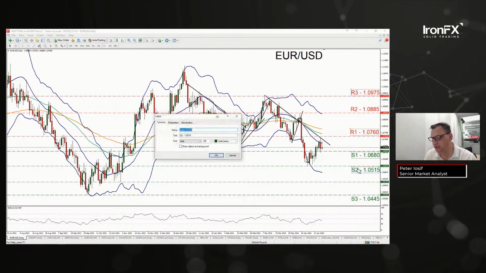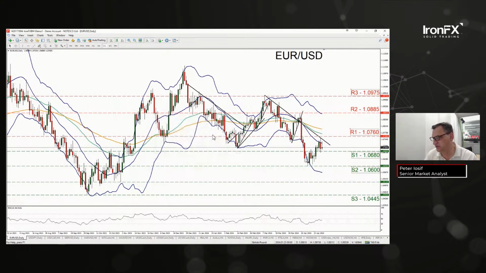I have to note here that the USD tended to gain some points as the PCE price indexes refused to slow down. That happened both on a core and a headline level.